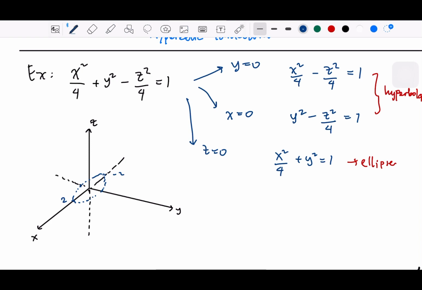So for yz, we have y squared minus z squared. Okay, y squared minus z squared, it should be going over here. That's the hyperbola. And then x and z is going to be this way. They are aligning like one line like that.